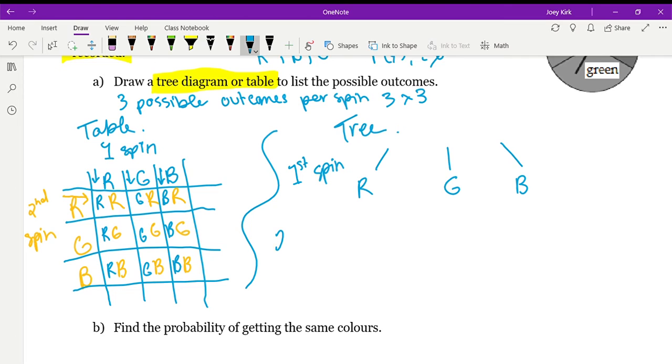And then for our second spin, same thing again. So for each outcome, we list all possible outcomes. So for the red, first spin, second spin, we could get red, green, or blue again. Green, first spin, we can get red, green, or blue. And if we got blue the first time, again, we could get red, green, or blue the second time.